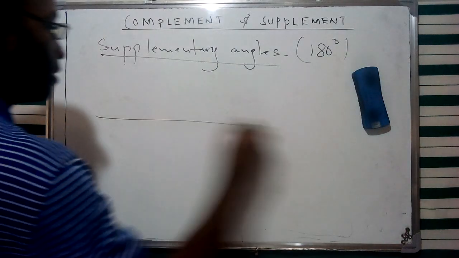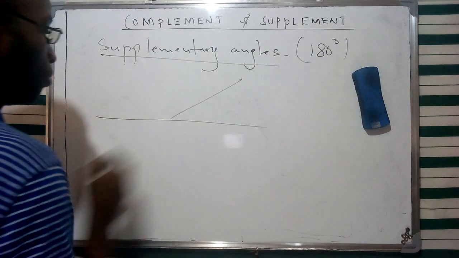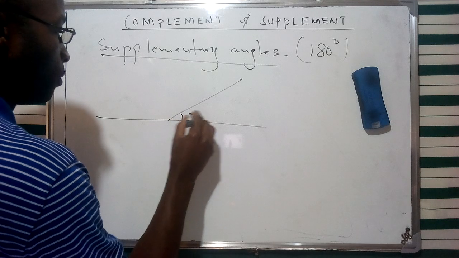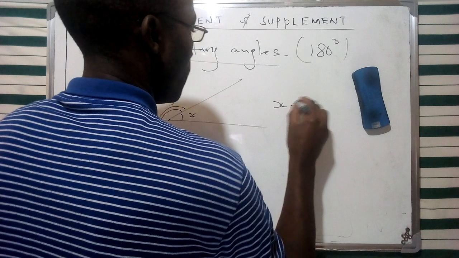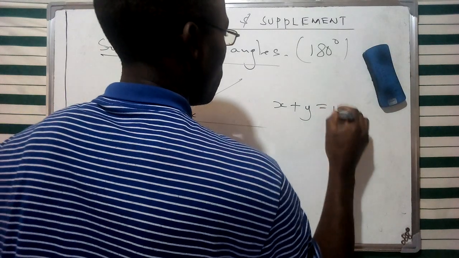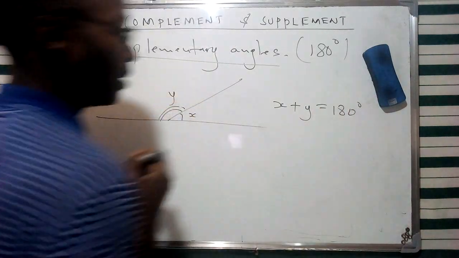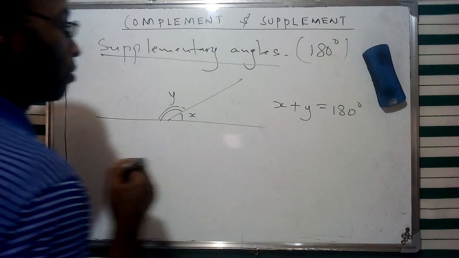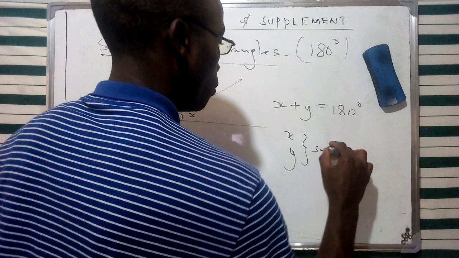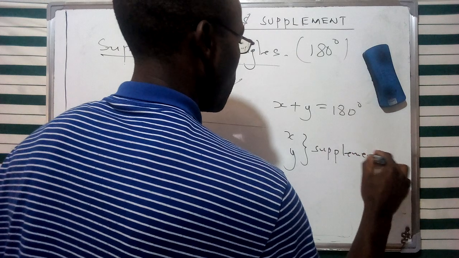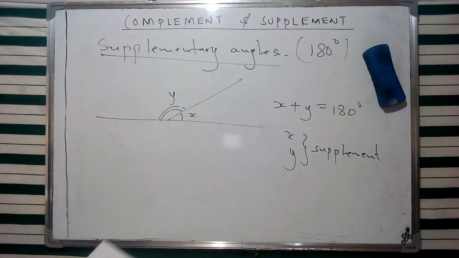We can give an example of two angles, perhaps an acute and an obtuse, x and y. x and y add up to 180 degrees, so we can conclude that x is a supplementary angle to y, and that forms our basis for defining supplementary angles.